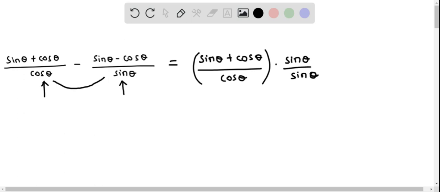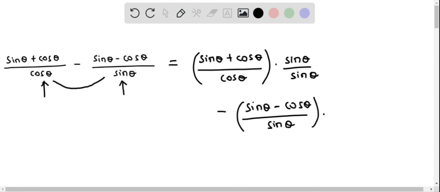And for the next fraction we have to multiply and divide by cos theta, that is I put this negative, and this is sin theta minus cos theta over sin theta, and this should be multiplied and divided by cos theta.